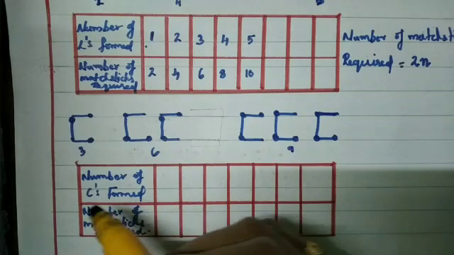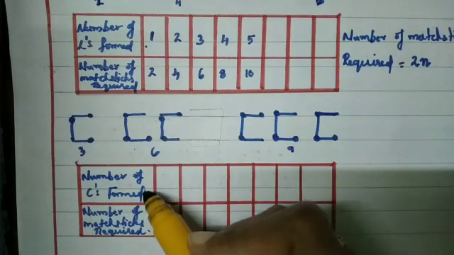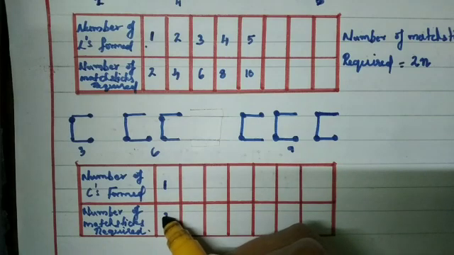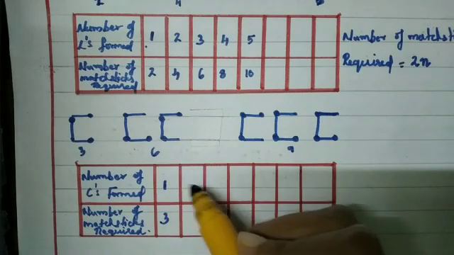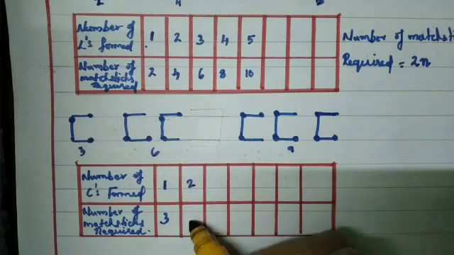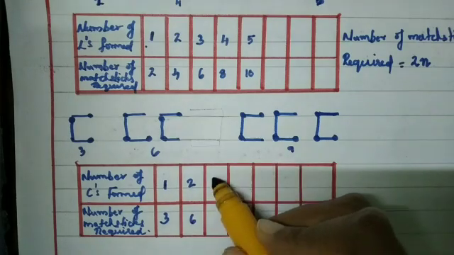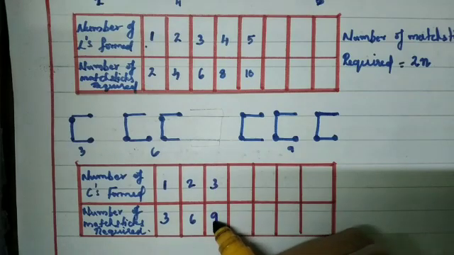You have to arrange it in the form of a table. Number of C's formed, 1 C. How many matchsticks? 3 matchsticks. 2 C's, how many matchsticks? 6 matchsticks. Then 3 C's, how many matchsticks? 9 matchsticks.